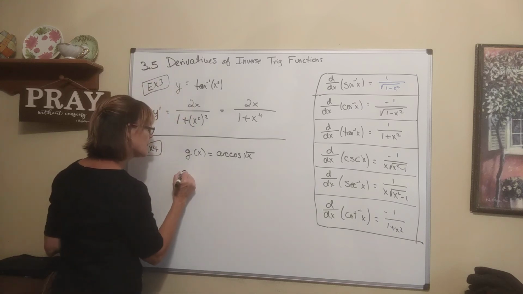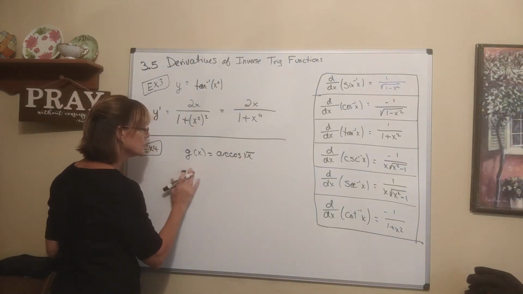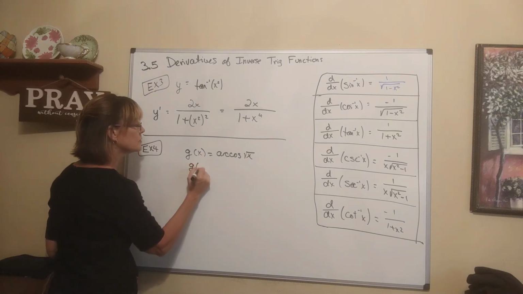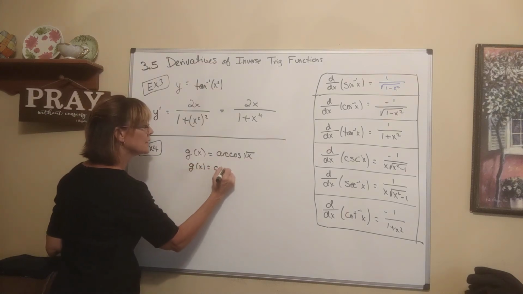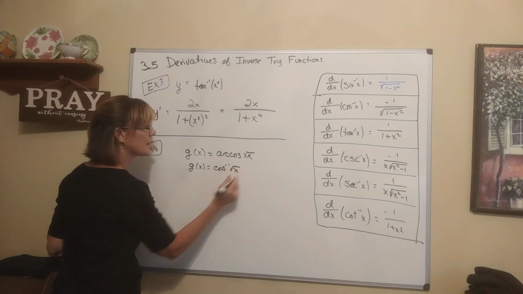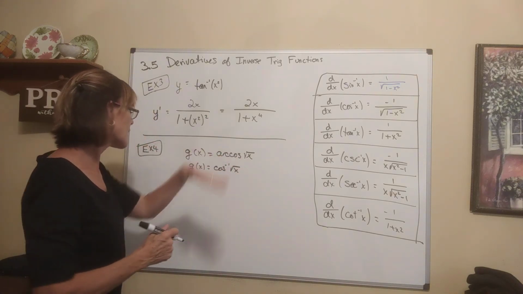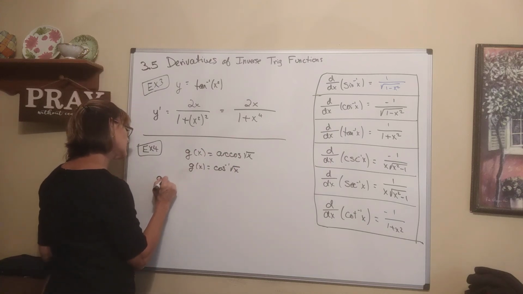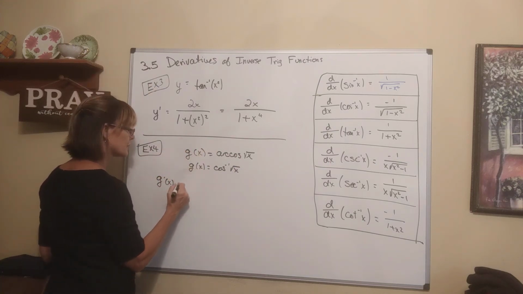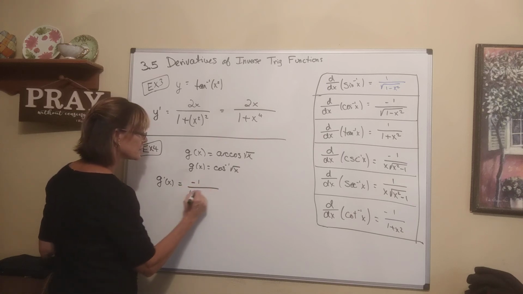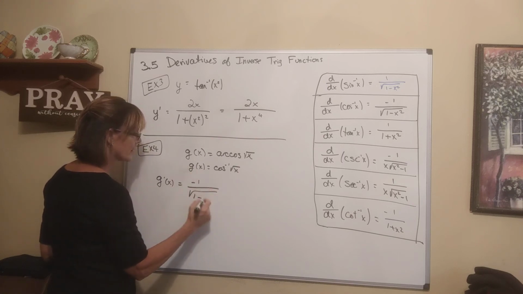So g prime of x. And if the arc notation is bothering you, just rewrite this into this. However your mind likes it, just rewrite it in a way that makes you happy. Then g prime of x, the derivative of the inverse cosine, is negative 1 over the square root of 1 minus x squared.